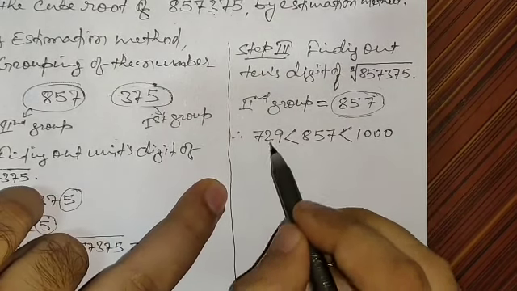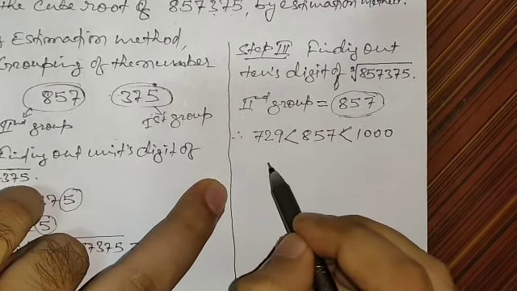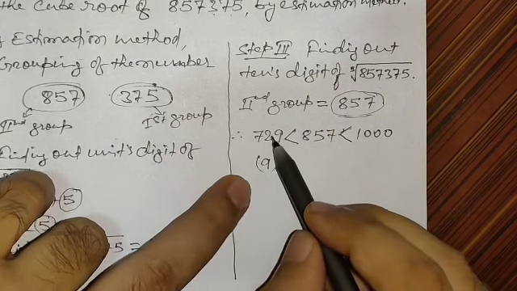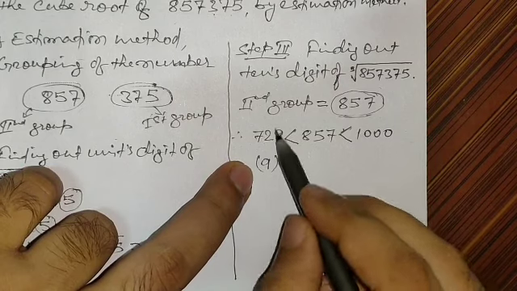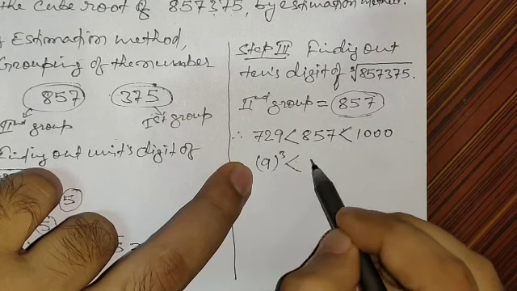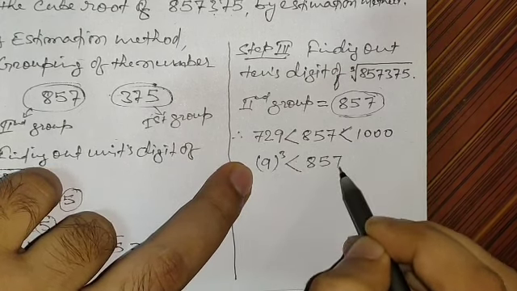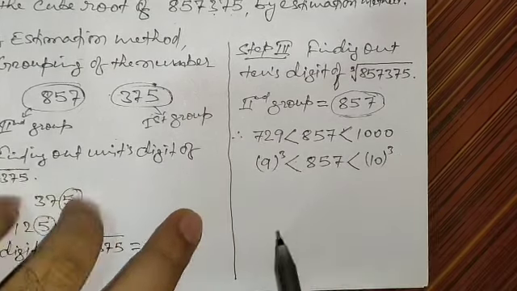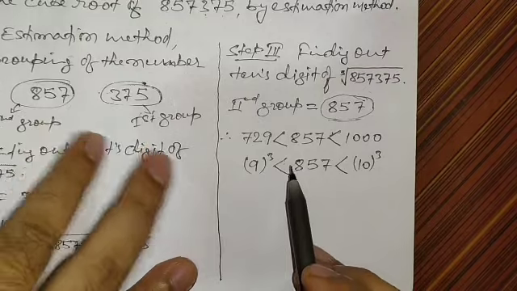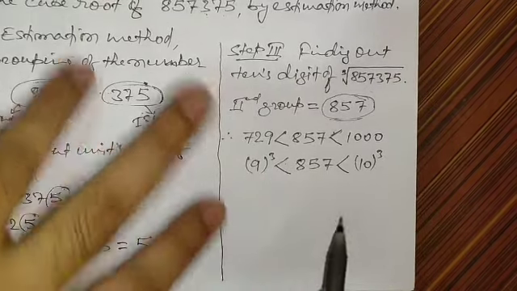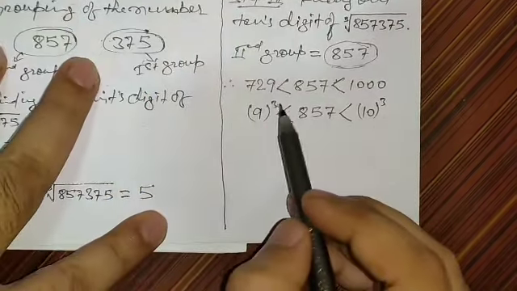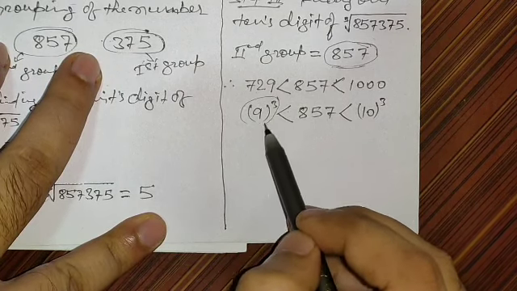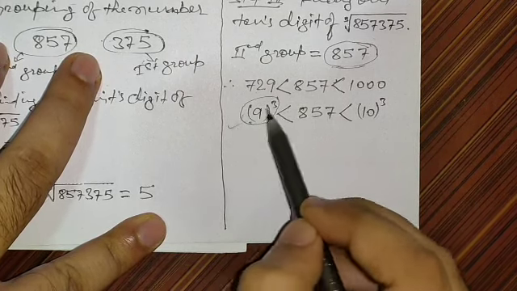So next, this is the perfect cube number, it means the cube of 9, and this is the cube of 10. Now we have to take the lower one, just keep this in your mind, we have to take the lowest one. So this is our required tens digit number.